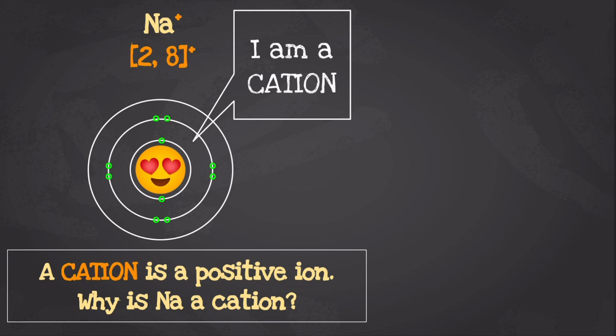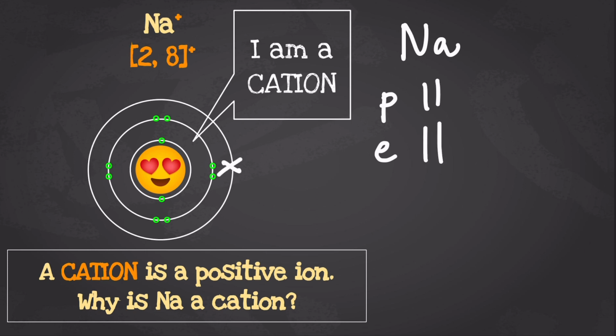Remember, the atomic number of sodium is 11. Okay? So that means it has 11 protons and 11 electrons. However, sodium gave its outer shell electron to chlorine.